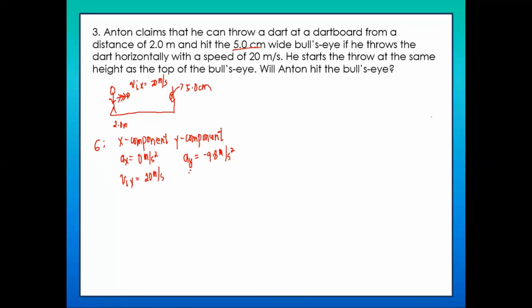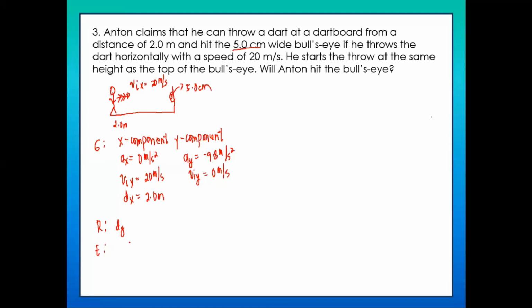Our v sub iy is 0 meters per second, since we always have no initial velocity for the y component. Our d sub x is given, 2.0 meters. What we're after is d sub y, because he threw the dart at the same height. Let's find out if he will hit the bullseye. We are to compute the d sub y.